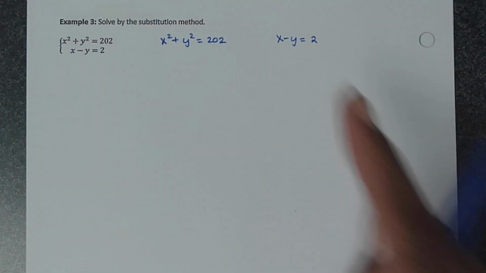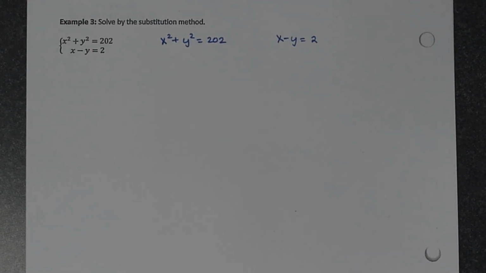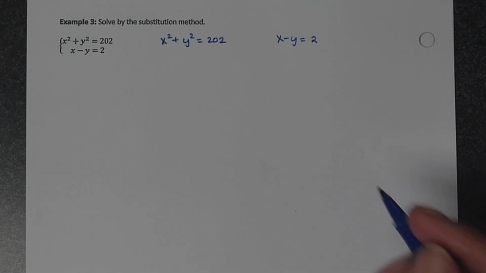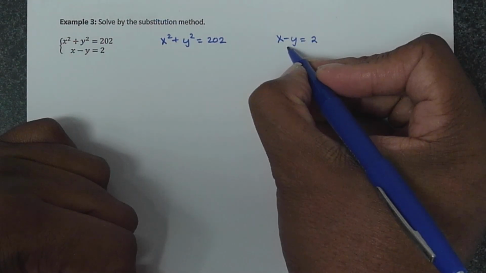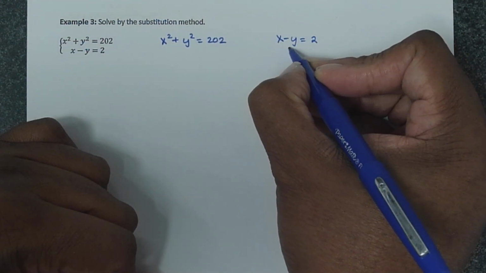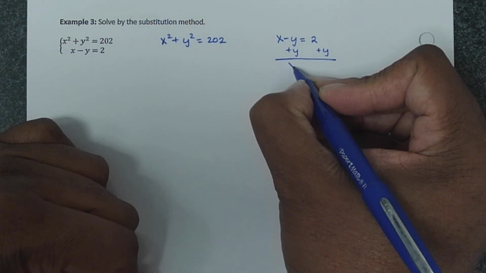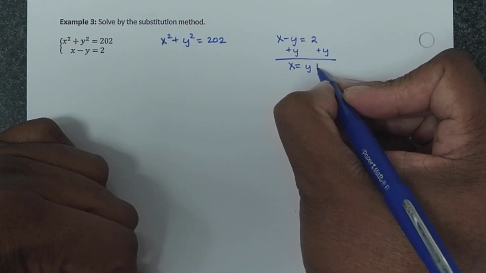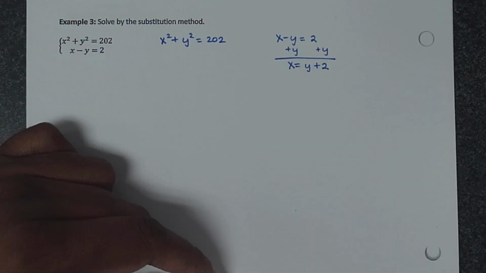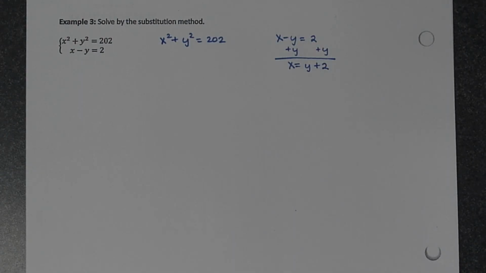What I'm going to try to do is get x by itself, and then do the substitution. To get x by itself, I'm subtracting y, so let's add y to both sides. That means x is equal to y plus 2.